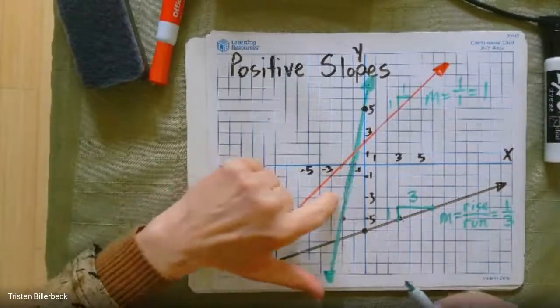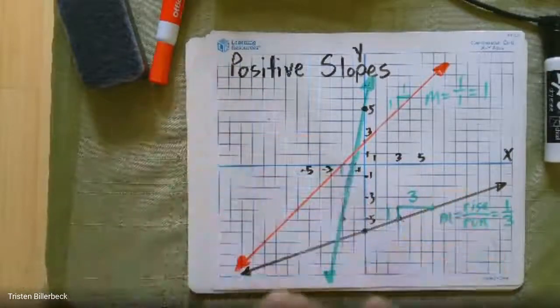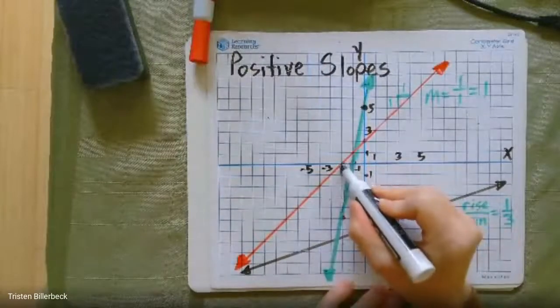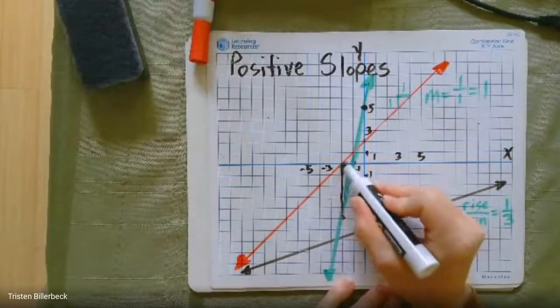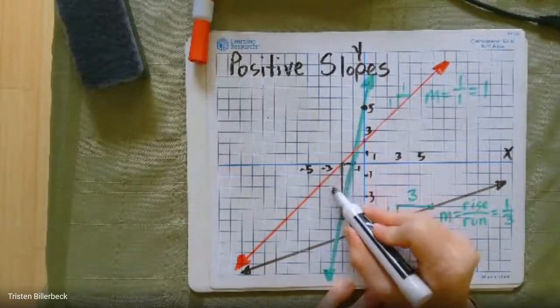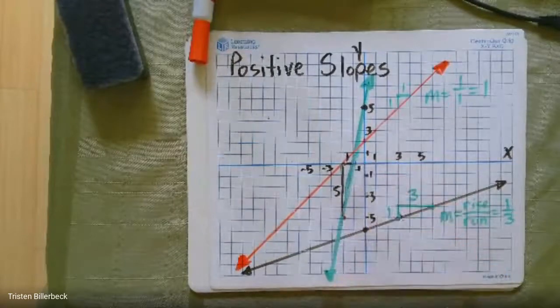And then this slope here, let me use a different color. If we look at it here and here, we're rising 1, 2, 3, 4, 5, and we're running 1 right there.